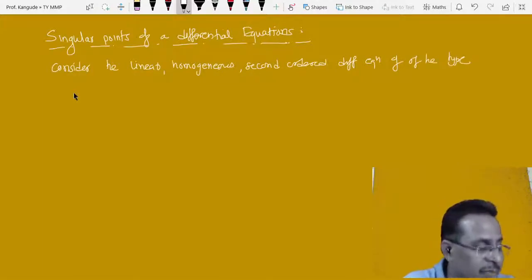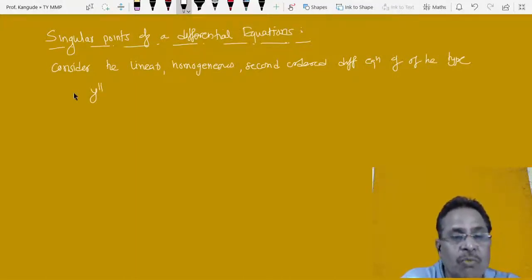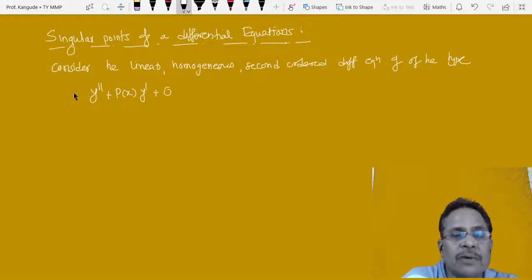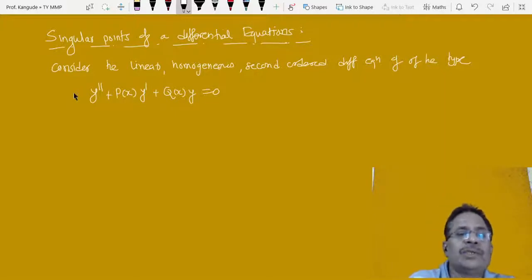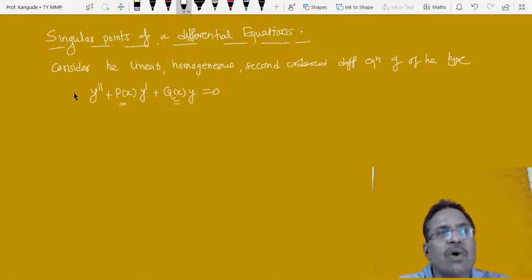This is one very specific type we take for understanding purposes. It is y double dash, the second differential of y with respect to x, plus some function of x, p of x, into y dash, plus another function of x, q of x, into y, is equal to 0. This is one prototype differential equation, where p of x and q of x are functions of x.